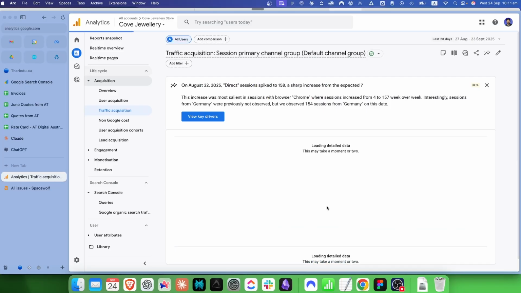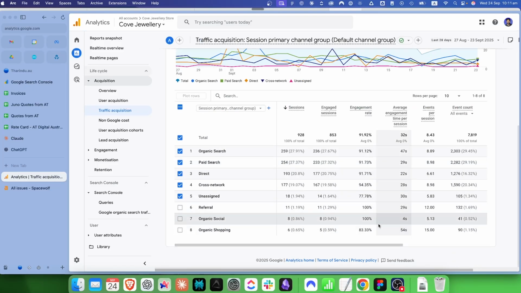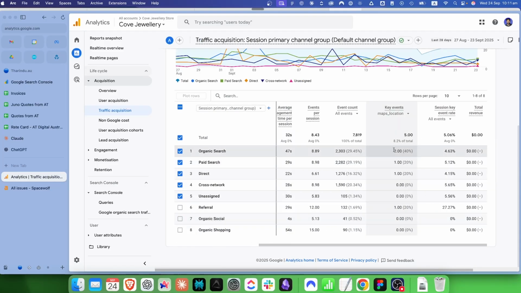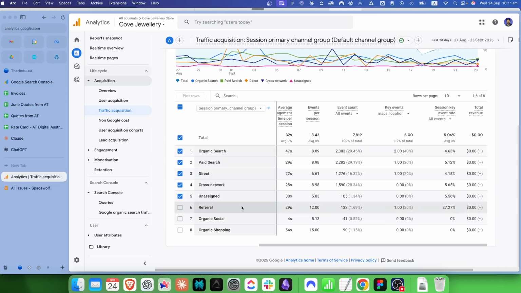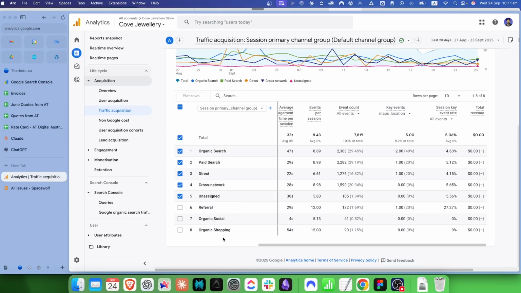So anyway, I'm going a little bit too deep into this. You can see each action and what the source is. So this is SEO. By the way, you can have a combination of sources as well. But anyway, once you set this up, you can really get into this.